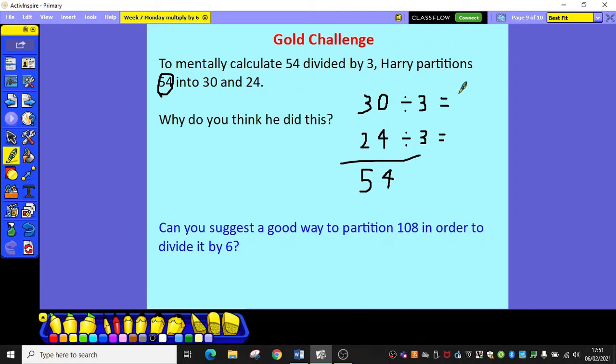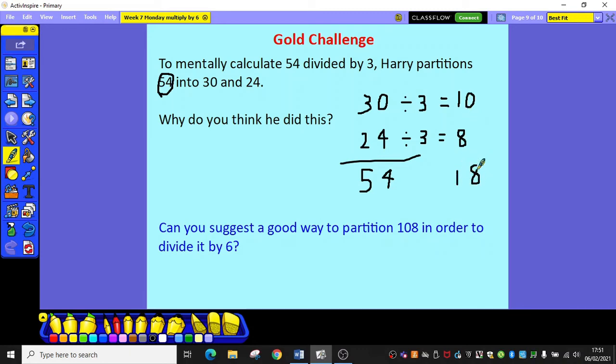How many 3s go into 30 is 10, and how many 3s go into 24? Hopefully you worked that out, and that's 8. Okay, please don't be confused by 6, because it was 4 lots of 6, wasn't it, that made 24. So in my total here, 10 and 8 is 18.